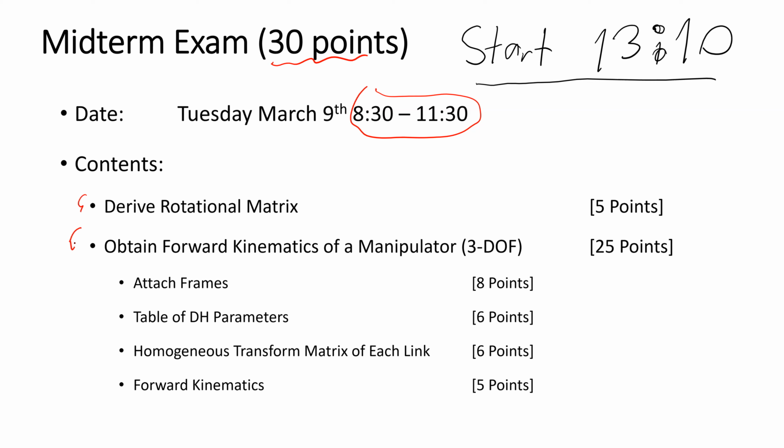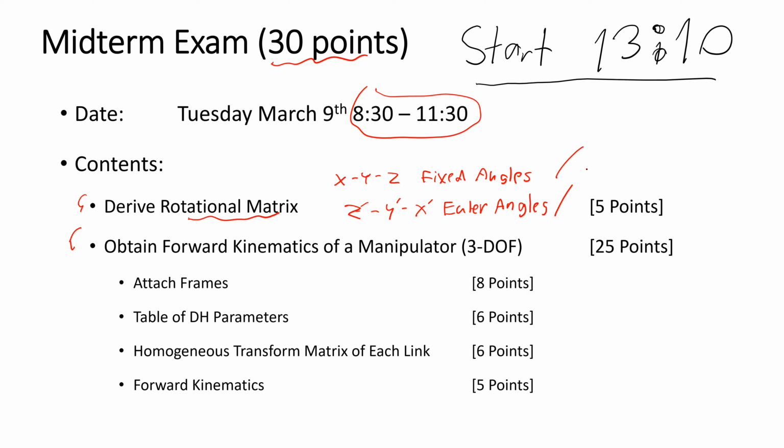In the first part, you may need to derive a rotational matrix. So the content that you need to review is the fixed angle and the Euler angle. One of these will be in the midterm exam, but you need to review both types.